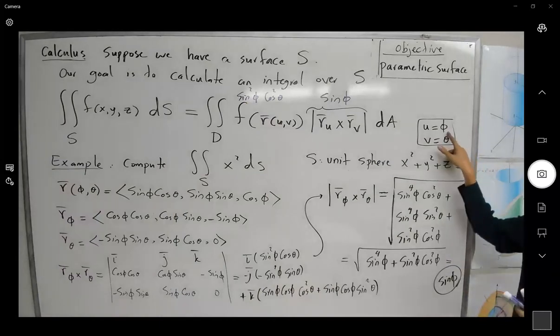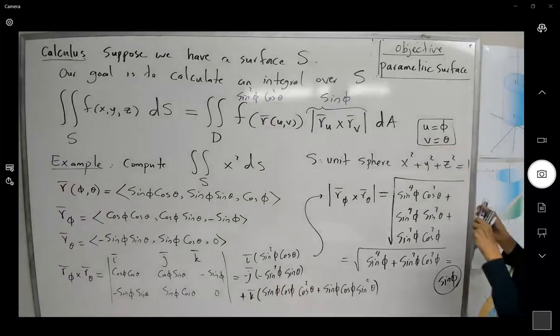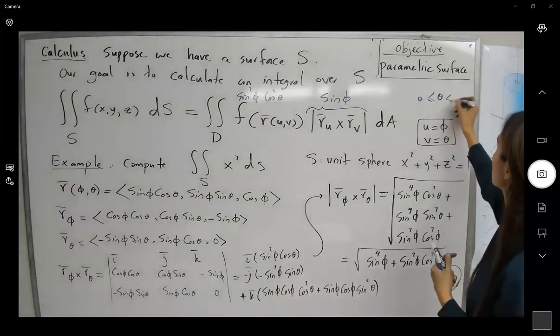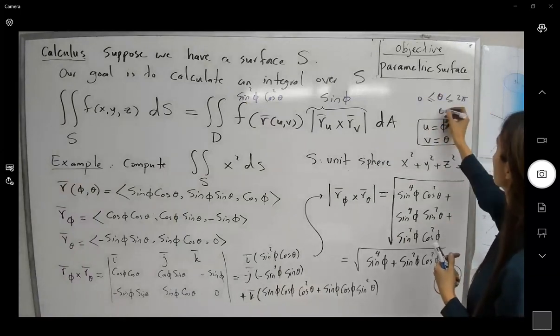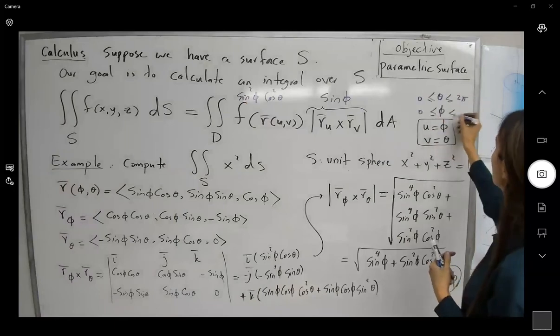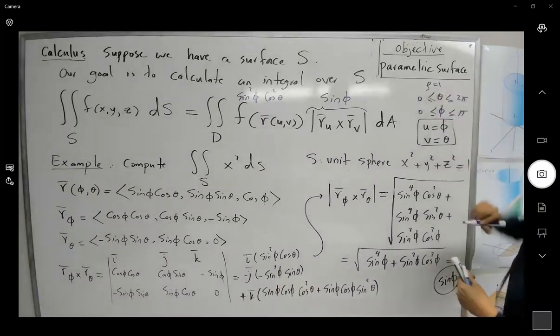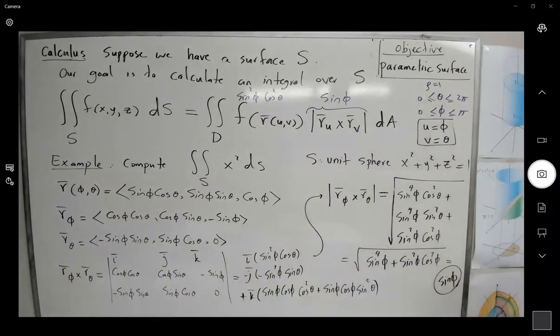Phi is bounded between 0 and pi. Theta is bounded between 0 and 2 pi. And as we know, rho is just 1. It doesn't take into account. We already used that before.